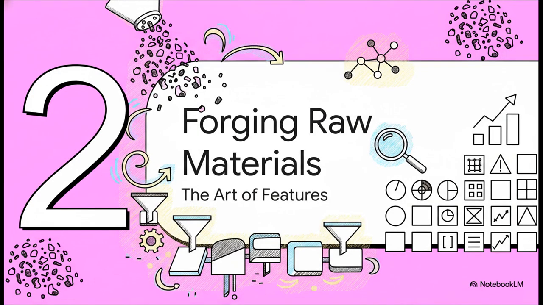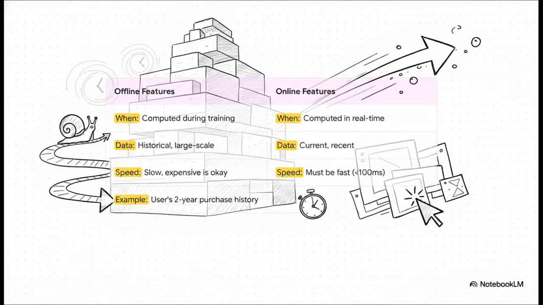So, with our goal defined, it's time to move to the raw materials of machine learning: data. But raw data isn't really enough. We have to shape it, mold it into these intelligent signals called features. These features are the actual building blocks our model is going to use to make its predictions. Now this is where things get really interesting, because what this slide shows is that there are basically two parallel universes for features.